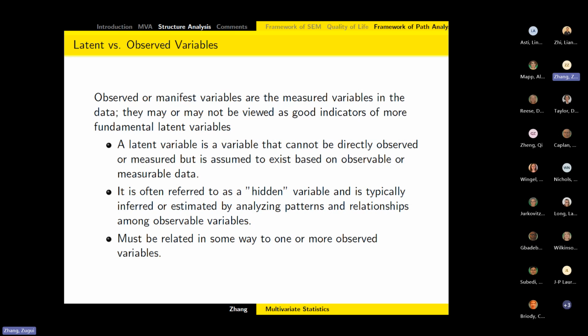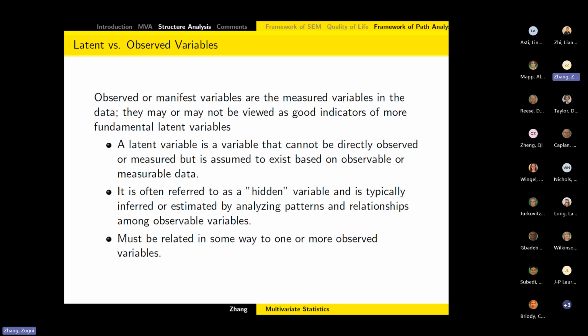For example, we can have a latent variable called angina-related health. Another is called overall health. That can be considered a latent variable. It's often referred to as a hidden variable and is typically inferred or estimated by analyzing patterns or relationships among observed variables.